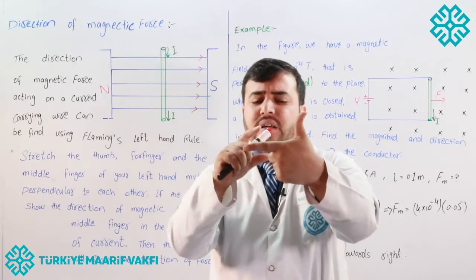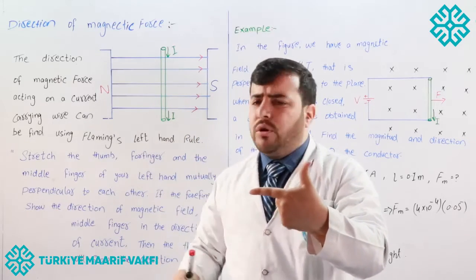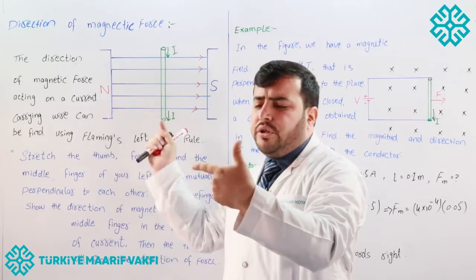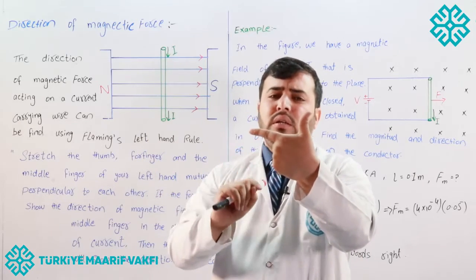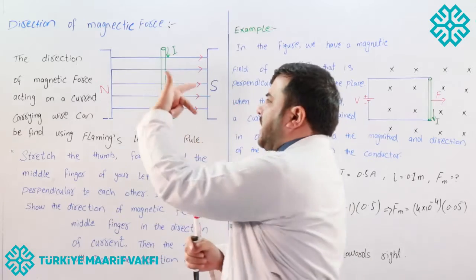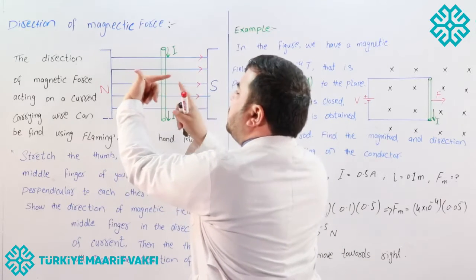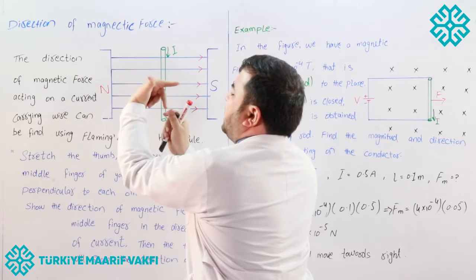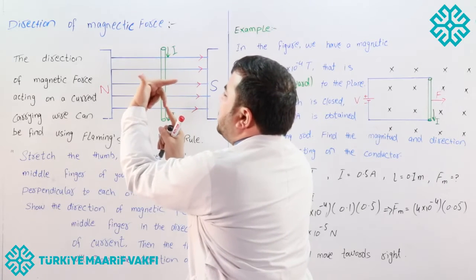Now we will apply this rule on this figure to find the direction of the force acting on the conductor. The forefinger is in the direction of the magnetic field lines, which here go from north to south. The middle finger is in the direction of the current.